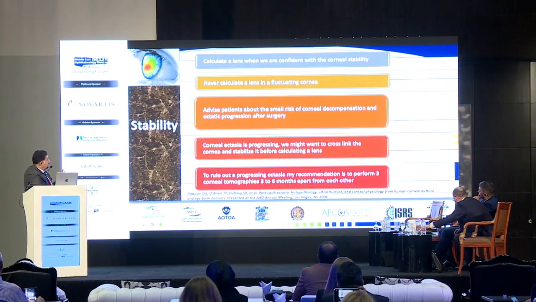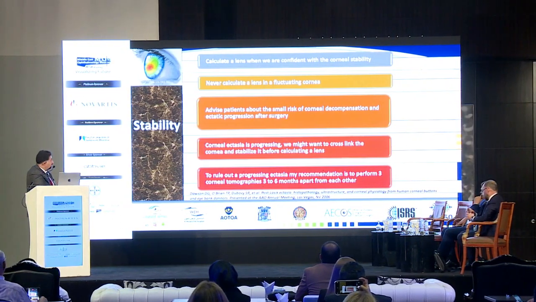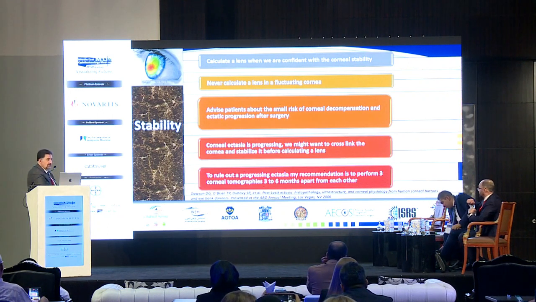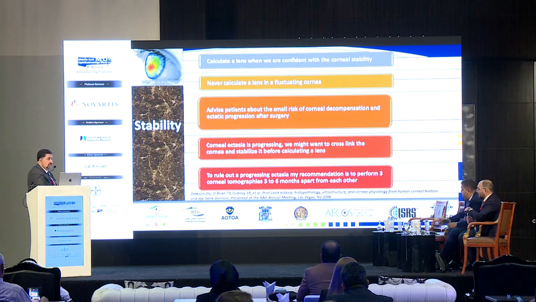Never calculate a lens in a fluctuating cornea. Advise patients about the small risk of corneal decompensation, which can happen in these corneas because these are not normal corneas, with ectatic progression after surgery. Corneal ectasia is progressing, so you might want to cross-link the patient after cataract.